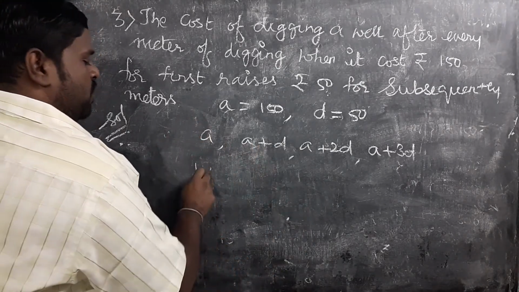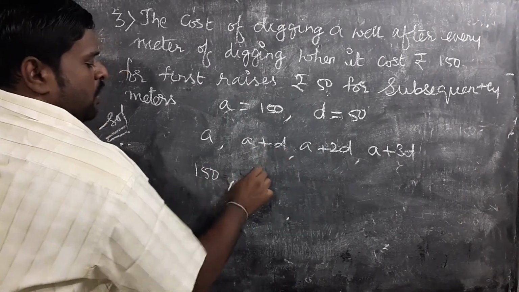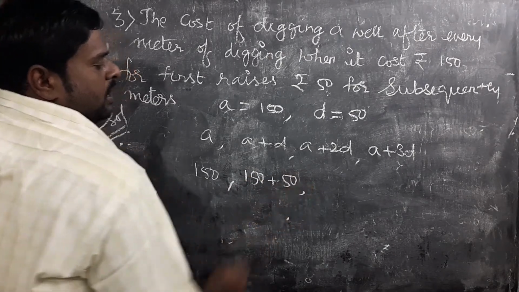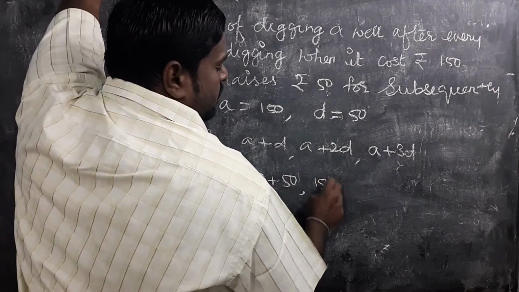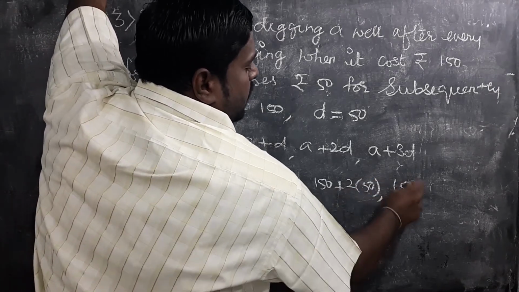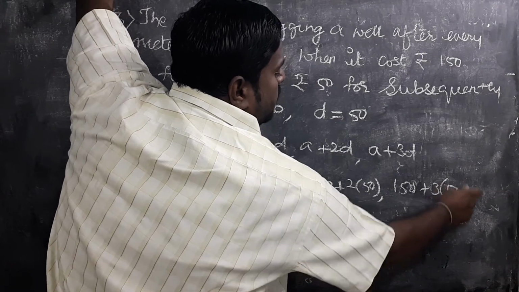So a is nothing but 150. I can write it as 150 plus 50, then 150 plus 2 into 50, then 150 plus 3 into 50.